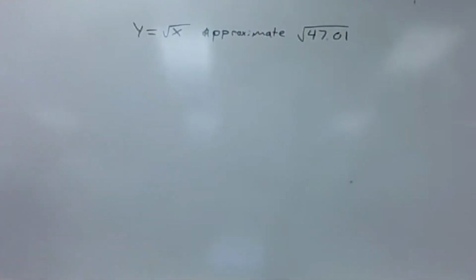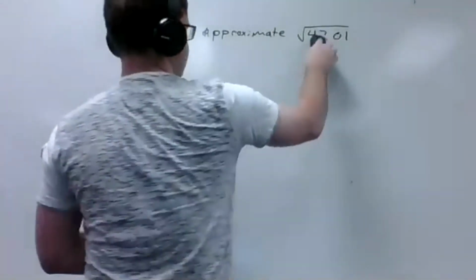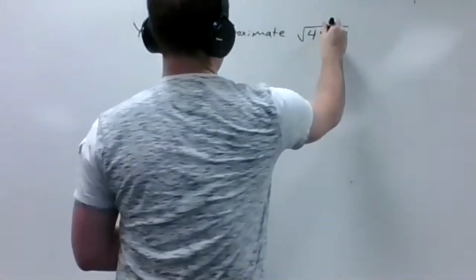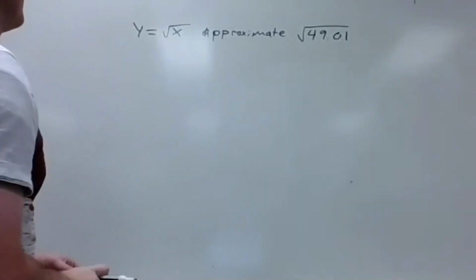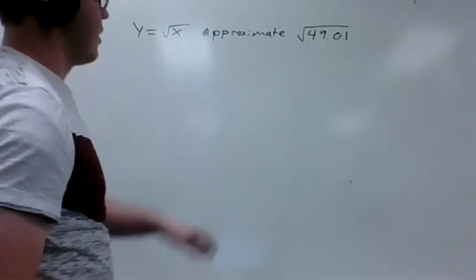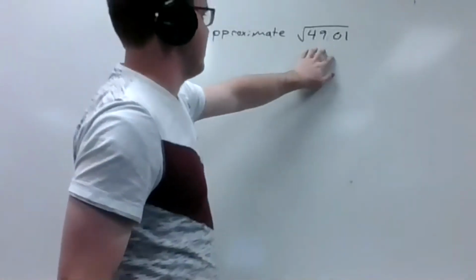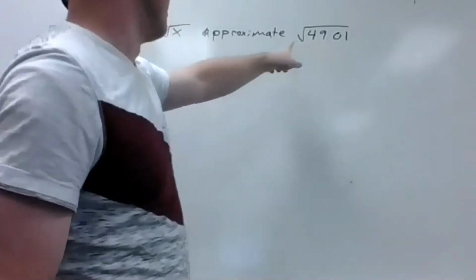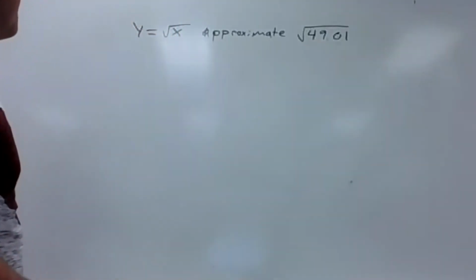So let's say like 4 decimal places or something like that. So the way that we're going to start this, or let's change this to a 49, sorry, 49. That makes it easier. So we already know by looking at this that we should probably come out with something really close to 7, because the square root of 49 is 7.